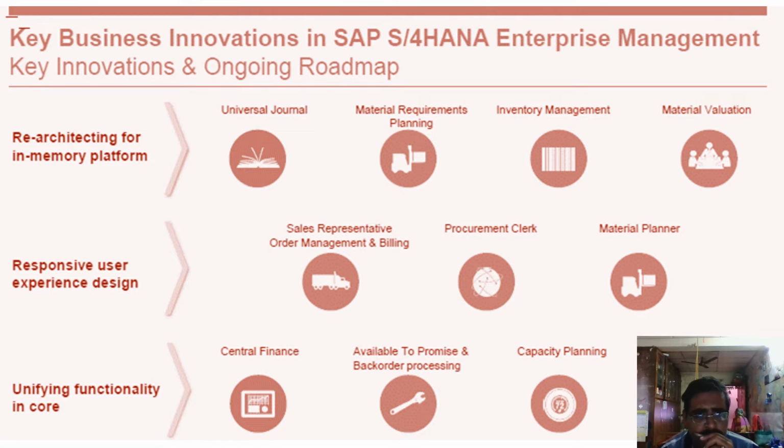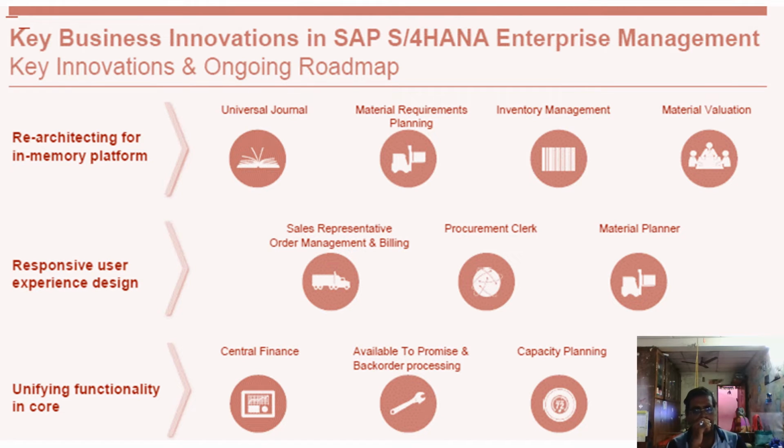Then we are coming to key business innovations in SAP S/4HANA Enterprise Management. So what are the key innovations and ongoing roadmap? Okay. So first, when you are thinking about the universal journal, material requirement planning, inventory management, material valuation, we'll have a re-architecturing for in-memory platform.